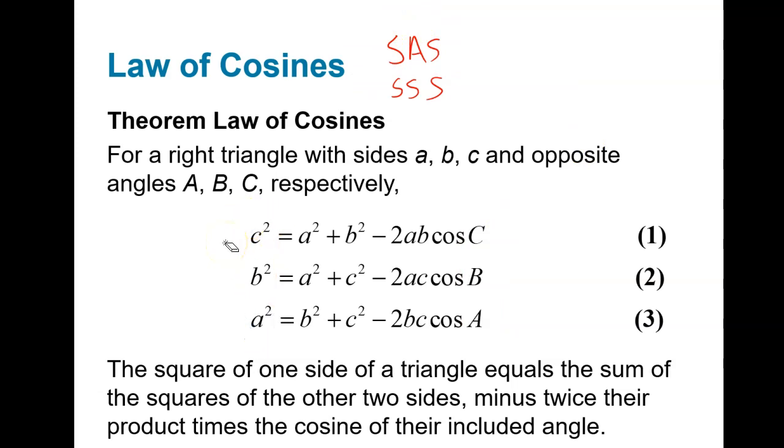But we could also know all three side lengths. So I can know a, b, and c. And if I know a, b, and c, then the only thing I wouldn't know is the angles, and I could solve for the first unknown angle. So there is a use other than finding that opposite side length, and that's the SSS case. So that's the two times that we're going to use the law of cosines.